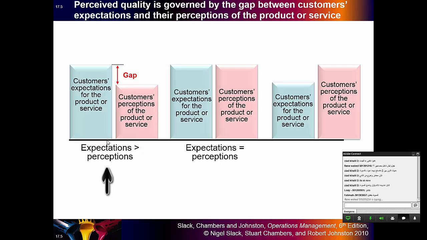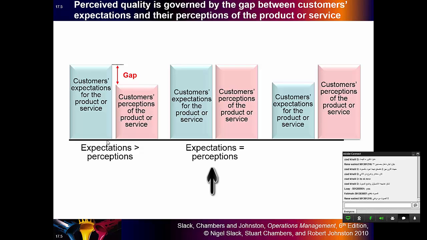In the second situation, as you can see, the customer expectation for the product or service meets exactly the customer perception of the product or service.